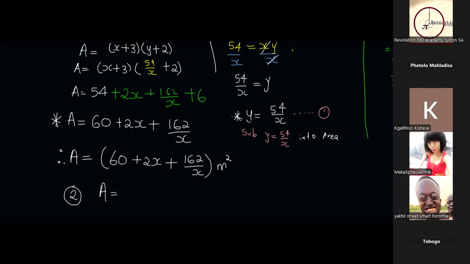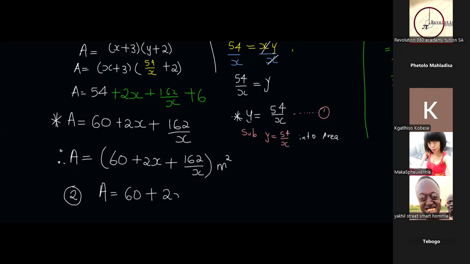What do we talk about when we speak about dimensions? We are speaking about the length or the distance, right? So here we actually got 60 plus 2x plus 162 over x. Before you differentiate, we're going to change that 162 over x.